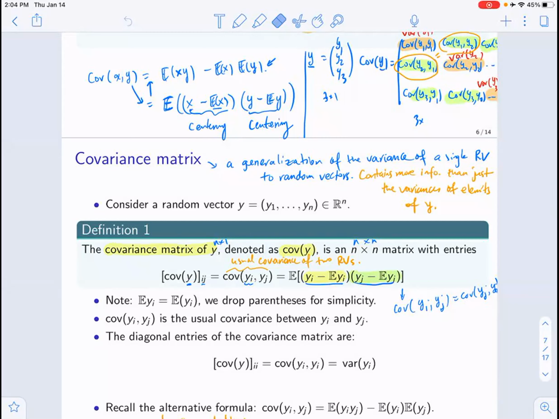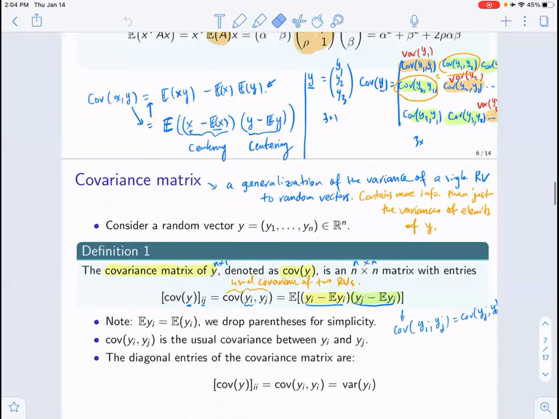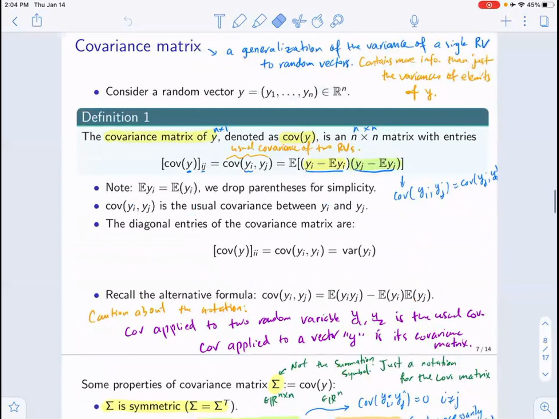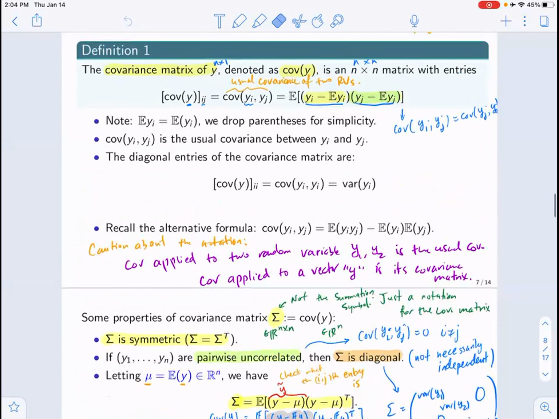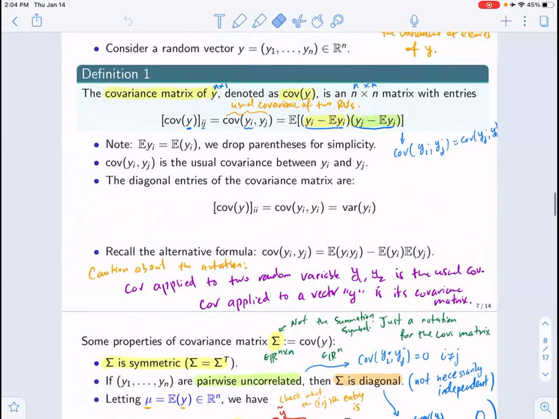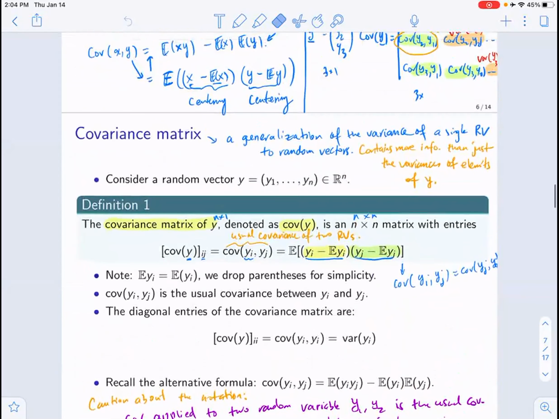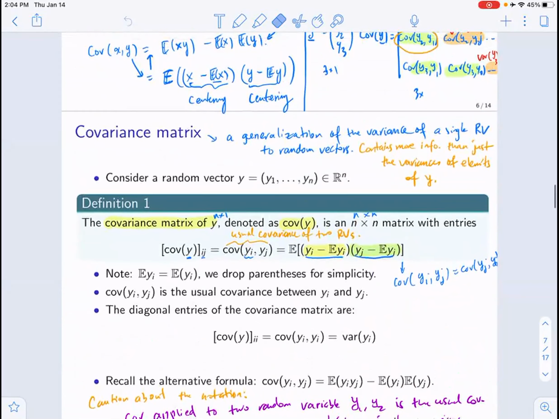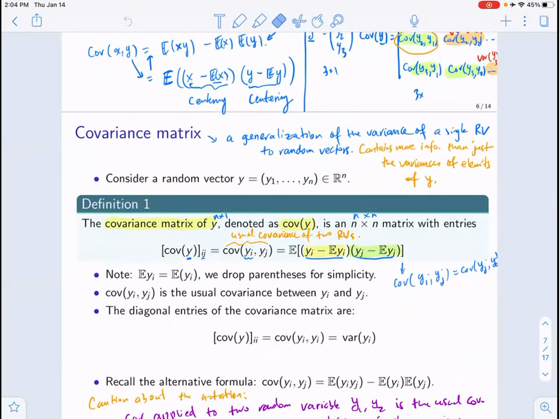Okay, good. So we started talking about the covariance matrix and covariance matrices. What we have here is the definition. And just to remind you, there is a covariance between any two pairs of random variables, right?